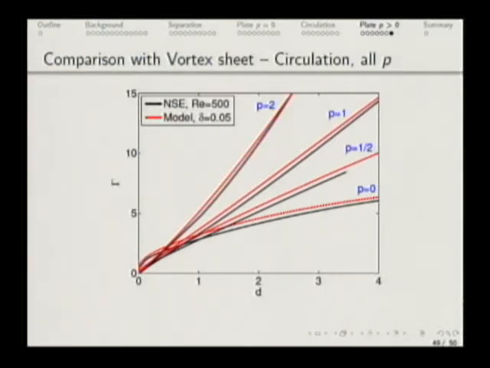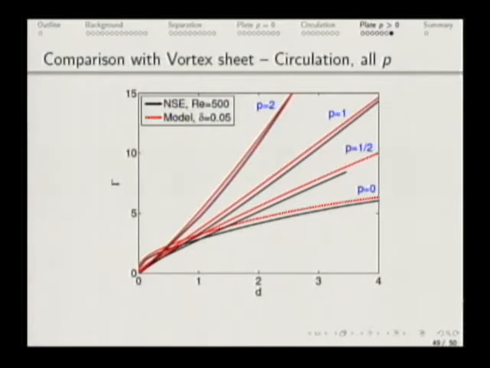If I were to increase Reynolds number and decrease the delta, this gap would go down. I don't know how far down, and we still have to compute these varying Reynolds number computations because they're expensive. So for a model that is so easy to compute and so much quicker than doing the full simulation, this is surprisingly good agreement, I find.